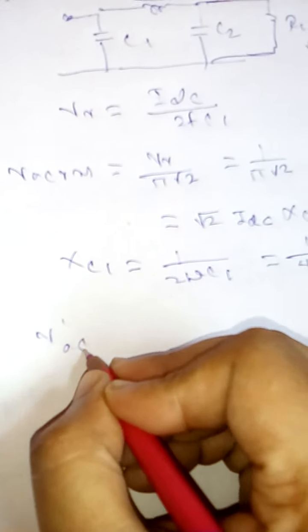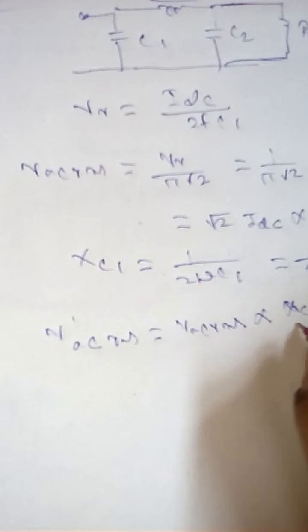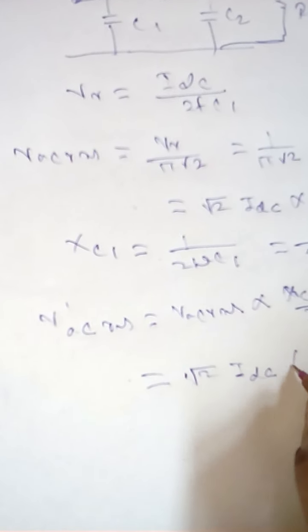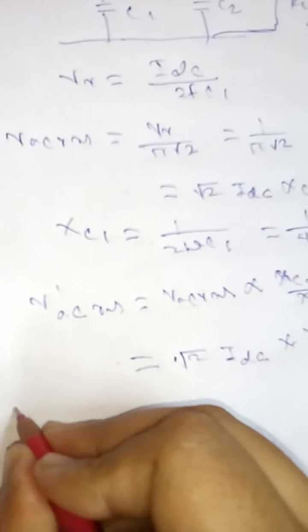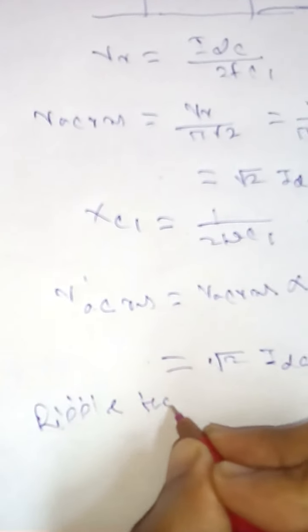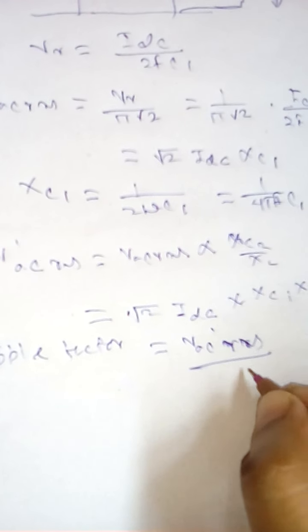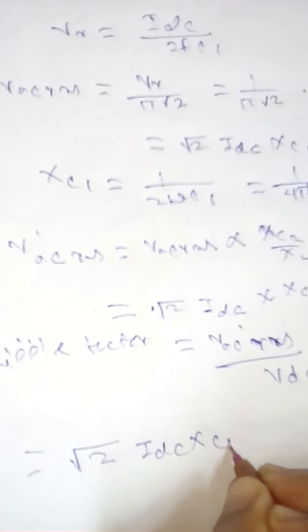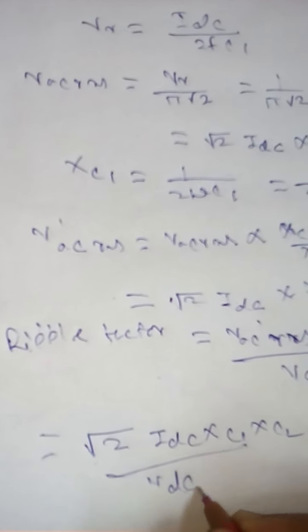So VAC RMS equals root 2 IDC into XC1 into XC2 by XL. Now the ripple factor is VAC RMS by VDC, which is root 2 IDC XC1 XC2 divided by VDC into XL.